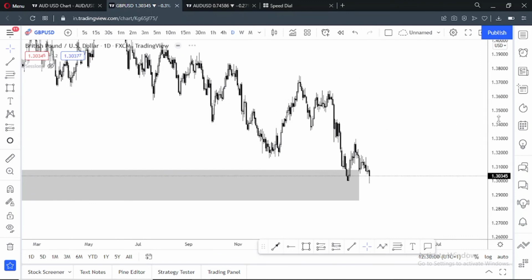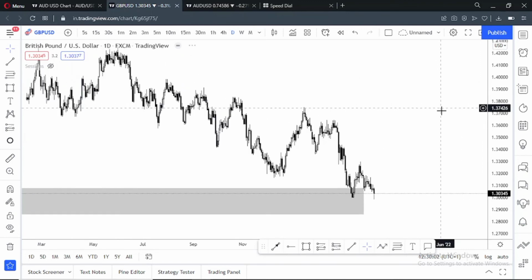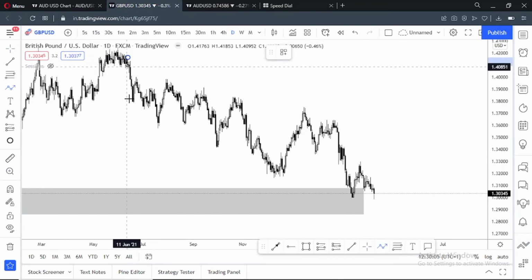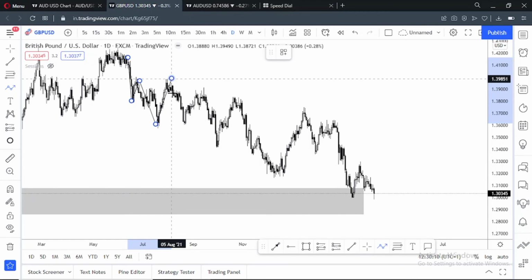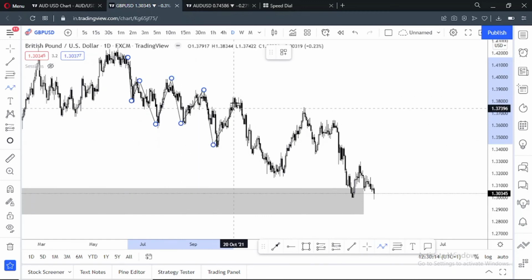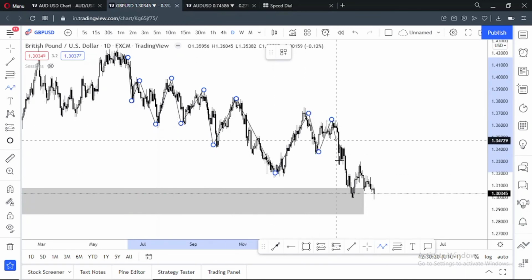The daily time frame on GBP USD has been very bearish for a while. Lower highs and lower lows, lower highs and lower lows, then this complex pullback, lower low, lower high, and it's putting in a new lower low right now.